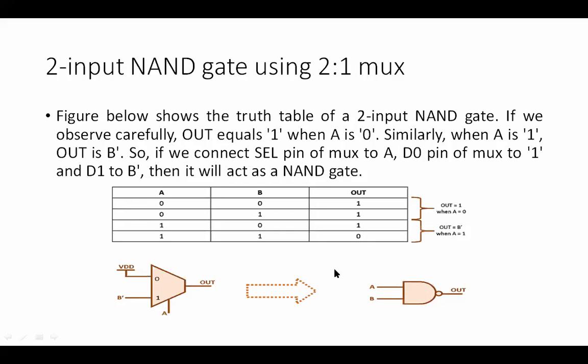Now I have to come up with a relationship. Output is equal to 1 when A is equal to 0. So here I can use my A as selector. Then output is equal to B when A is equal to 1.